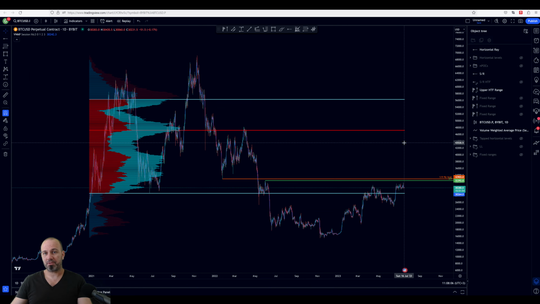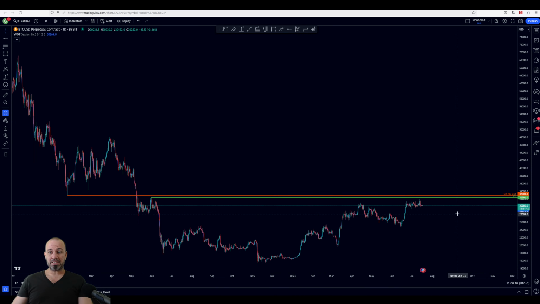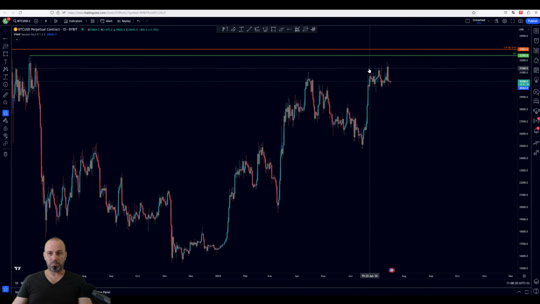Again, the 45 to 50k area will be the next area where we would expect some resistance. So let's pay attention to this level, right? This is the task for the bulls: to break this current range, then the price needs to claim this level, flip it to support, and then more upside is possible.